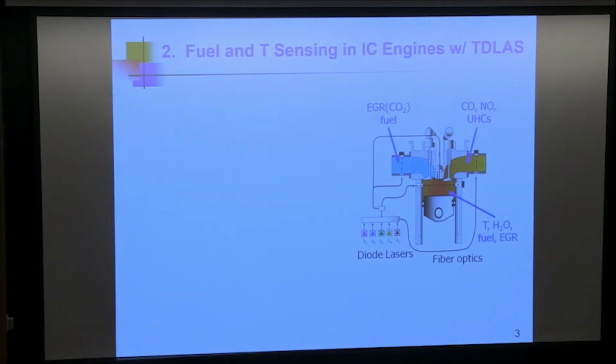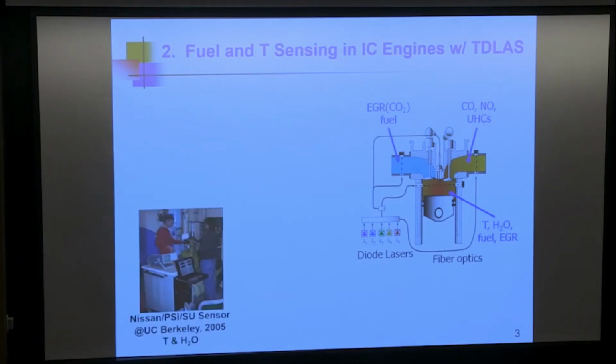Or you might want to probe the exhaust manifold where you'd be interested in carbon monoxide, NO, other hydrocarbons, and you might want to time resolve the exit flow from the chamber. Inside the chamber, we've done cross cylinder measurements, not at Nissan, we did that at Sandia Livermore. And temperature and water and fuel and EGR were targets.